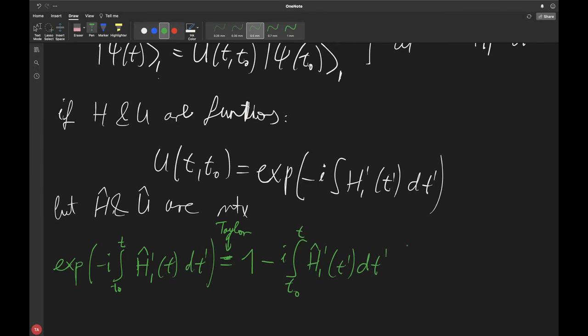And then we have minus i squared over 2 and the square of this H_I prime, dt prime squared. And of course this also goes from t0 to t.